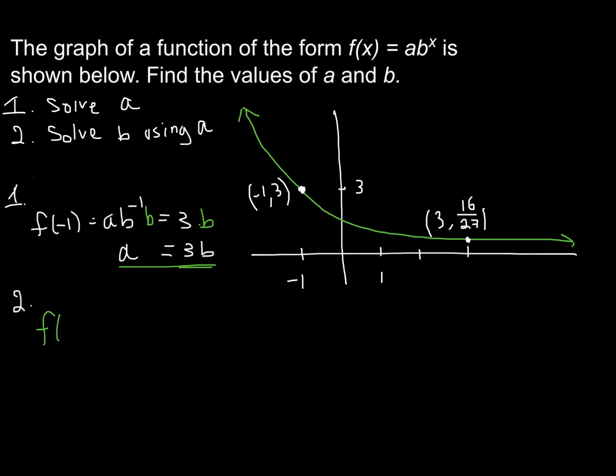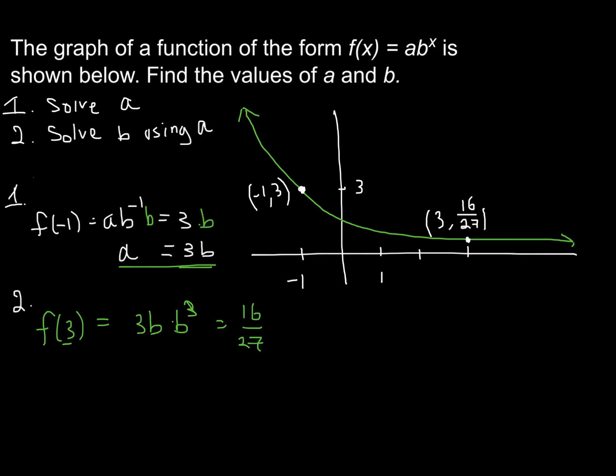So we have f of 3, now our function is of the form a b to the x, and we're going to use what we found for a, which is 3b here. So it's going to be 3b times b to the x. It's not the x, our x value is 3. b to the 3 equals 16/27. Okay? So we're solving for b.